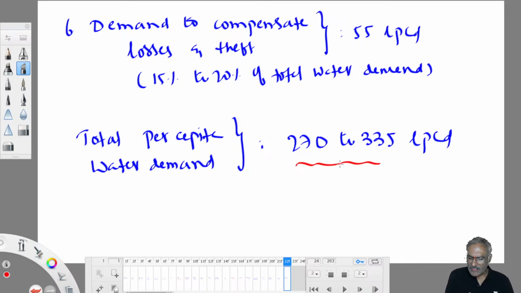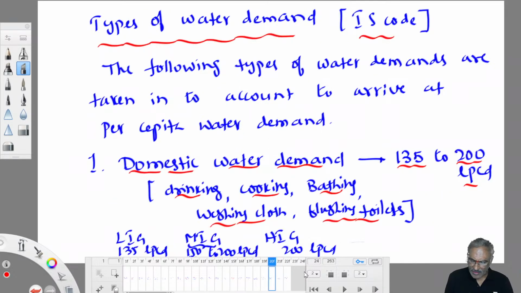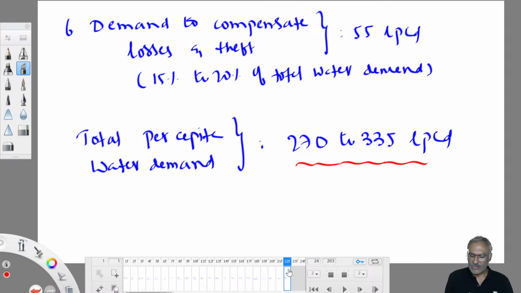If you combine all these things together, total per capita demand is different, domestic demand is different. Domestic demand is 135 to 200. We take the total into account in per capita water demand. So you multiply population into this, you will get average water demand. You multiply that with factors, you will get variations. Then you will arrive at maximum daily demand and maximum hourly demand. Using them we design the system.